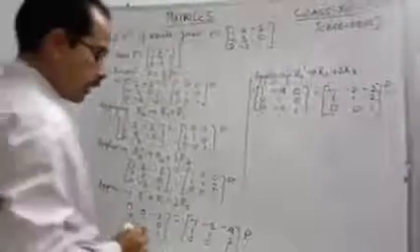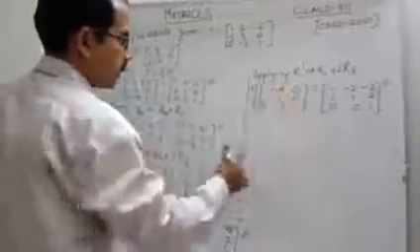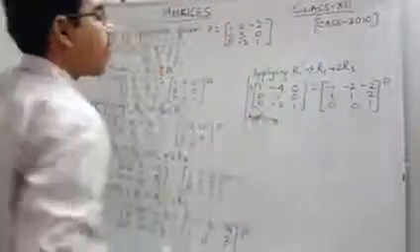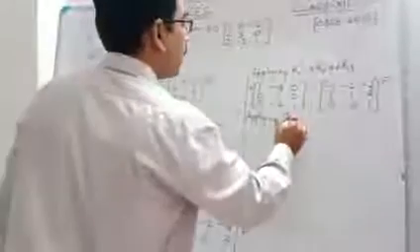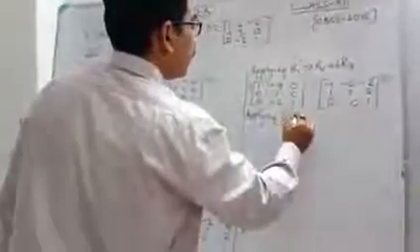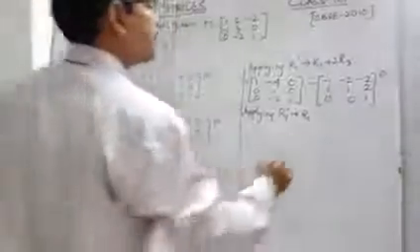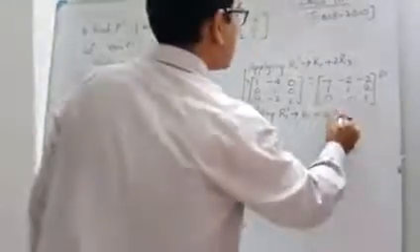Now next thing is this plus this. So apply R1 prime tends to R1 plus 4R2.